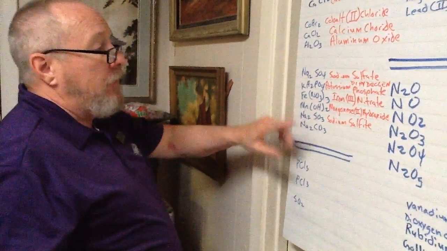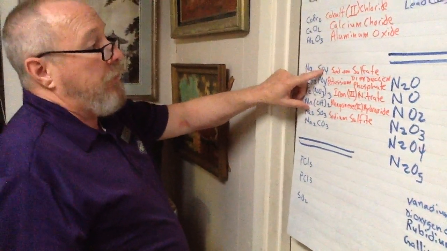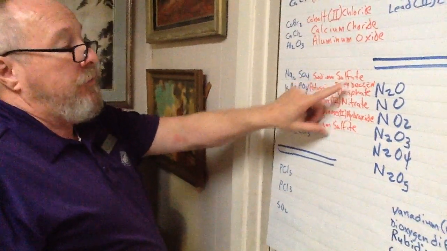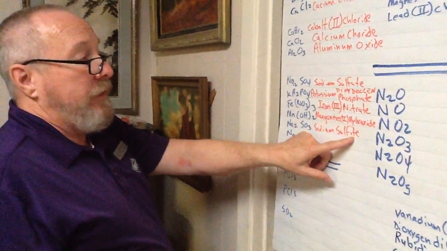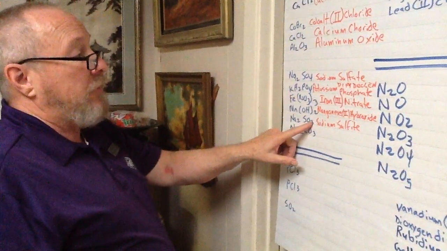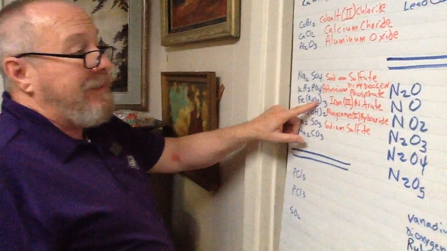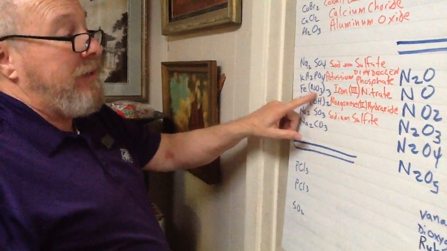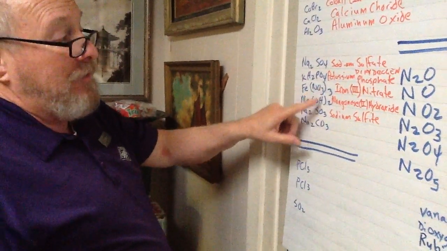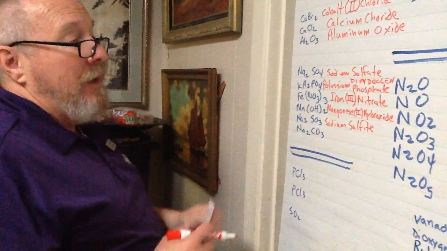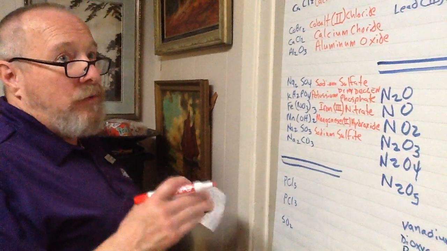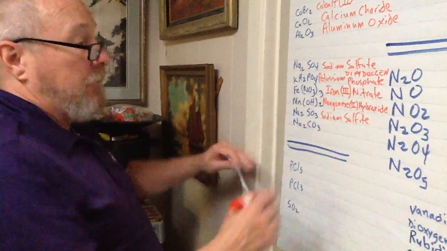But I can't make any rules about it because, for example, SO4 is sulfate, SO3 is sulfite. 4 versus 3 oxygens. For the nitrate, NO3 is nitrate and nitrite is NO2. So the ate has 3 and the ite has 2. So all you can say is the ite has 1 less. You can't put any hard numbers on it.